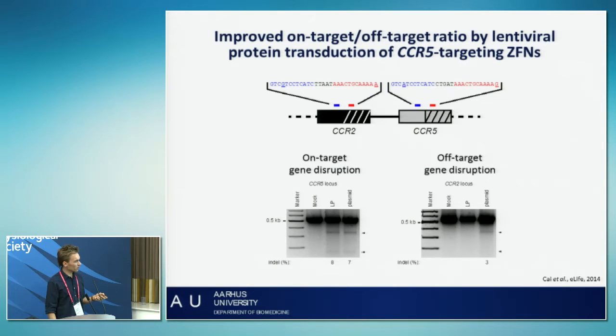When we look at the CCR2 locus, that is for off-target gene disruption, whereas for the plasmid DNA transfection we do see indel formation at around 3%, we're not able to detect anything at all when doing lentiviral protein transduction. We have also done deep sequencing at several different targets and haven't been able to detect any off-target cutting at all.